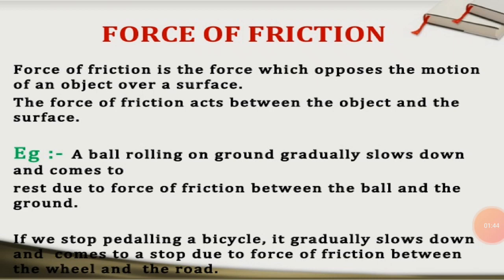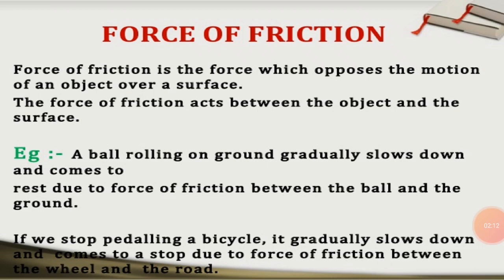The force which opposes the motion of one object over another object in contact with it is called friction. Or it is a kind of opposing force that opposes the motion of the moving object.